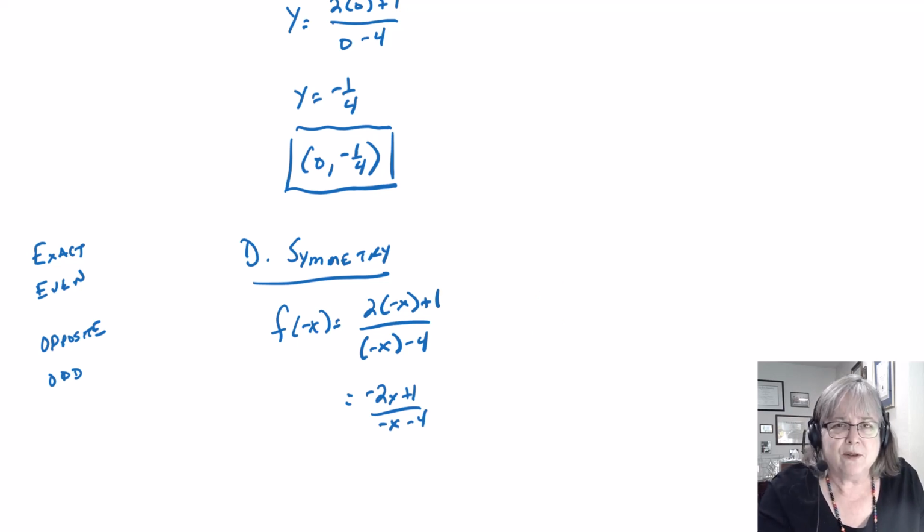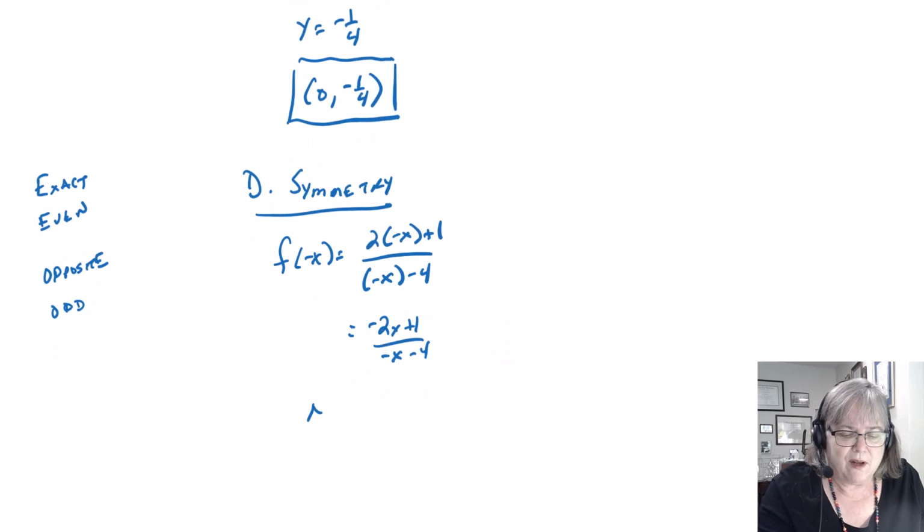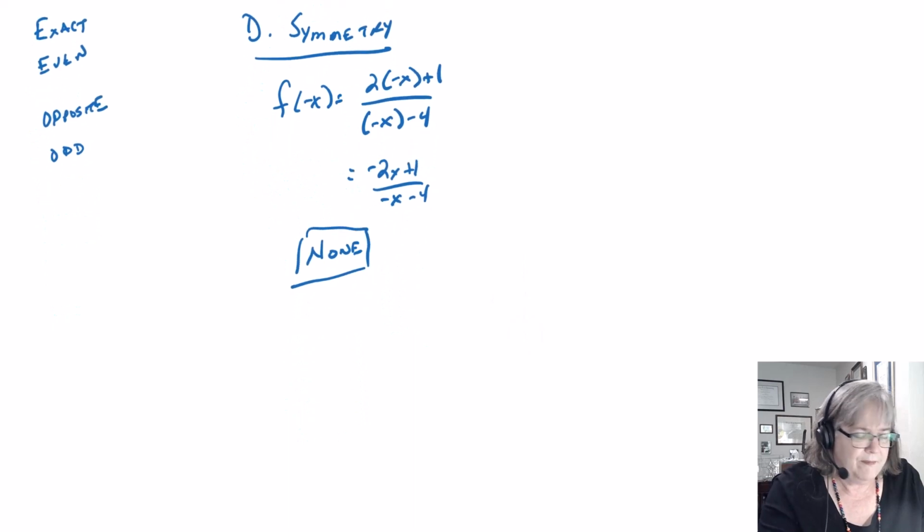So since it's neither an exact match, nor is everybody an opposite, it's neither even nor odd. So there is no symmetry. And for periodicity, we're looking at things like trig functions, but there is none.